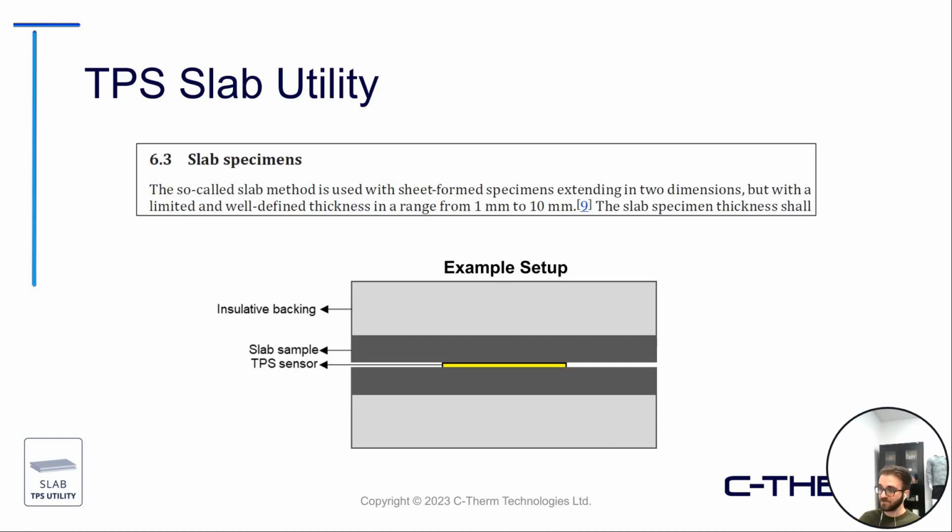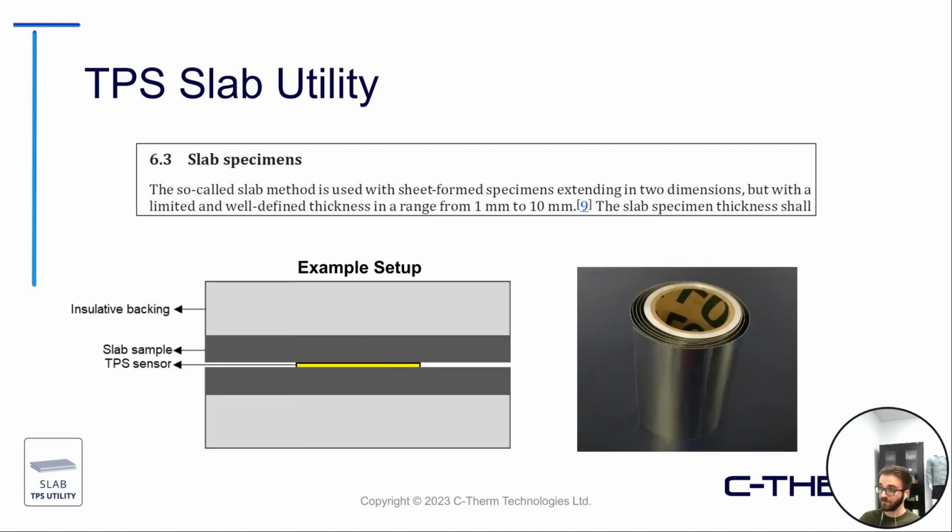However, one thing to be aware of is we have done testing on much thinner samples below the ISO spec range of 1 millimeter. This image here is of an aluminum foil sample that was tested in-house, and the data we collected is really well in line with what was expected.